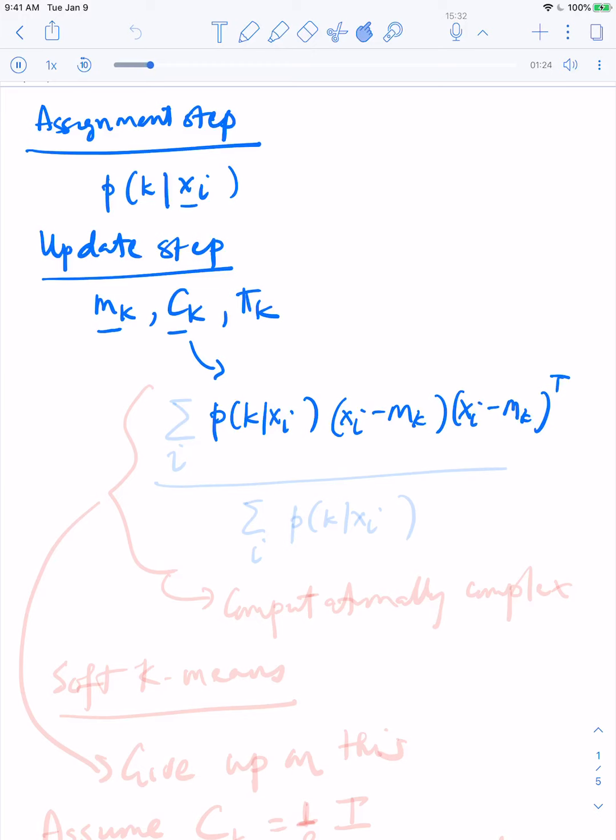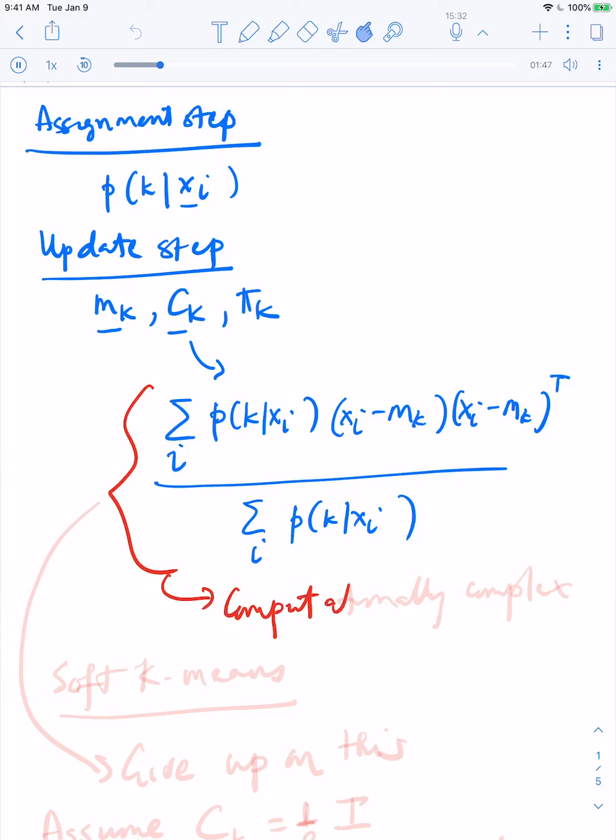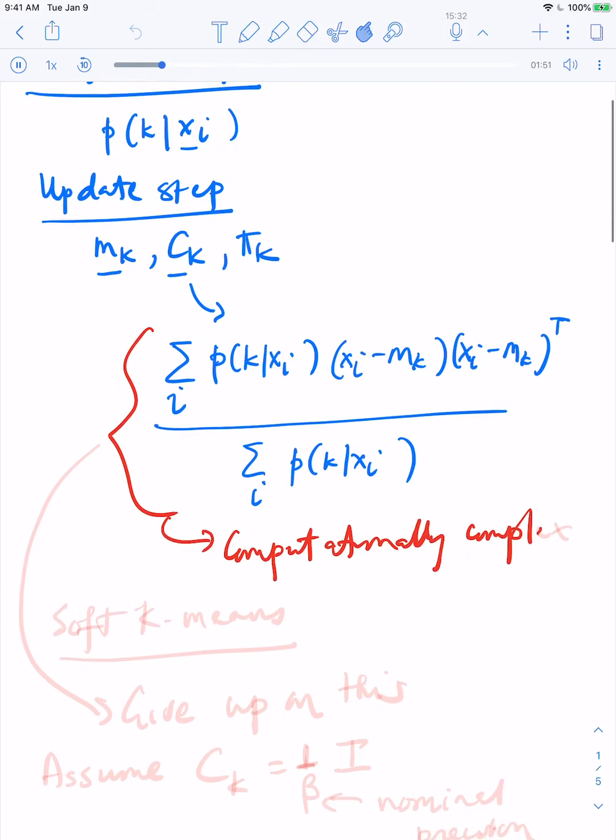You're taking these outer products to get d by d matrices, summing this over all the points, and dividing by the number of effective points, which is just the sum of these assignment weights. And this part is what gets computationally complex.